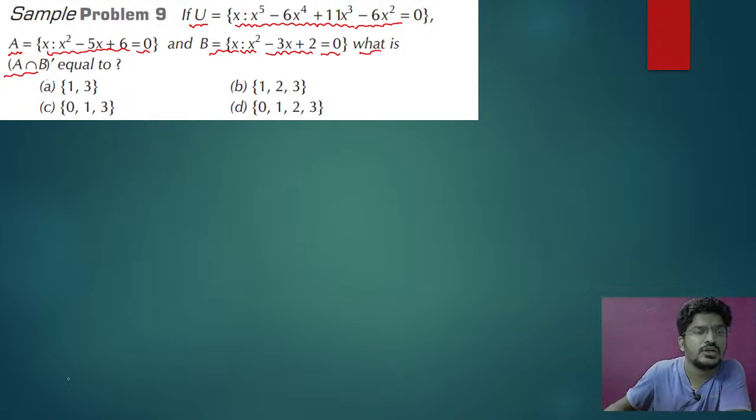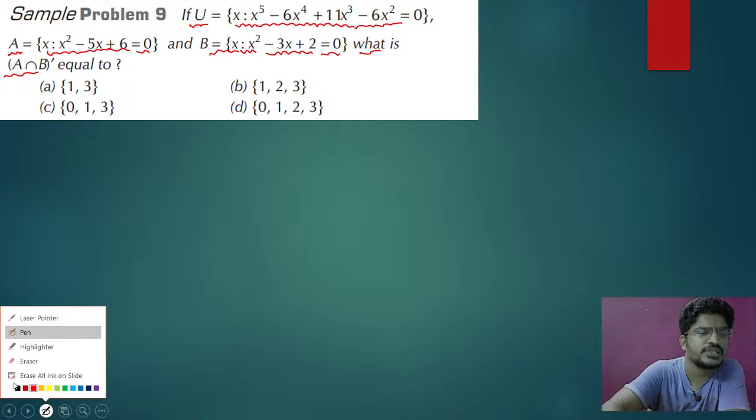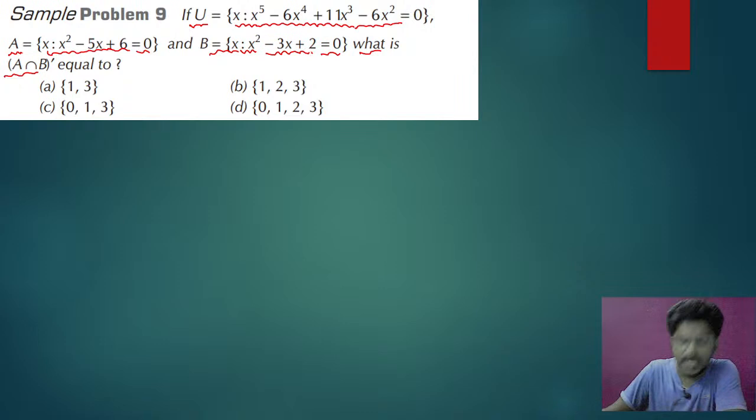Okay, so now I think all of you know about solving x raised to 5 minus x raised to 4 plus 11x cube minus 6x square. So this will be taught to you in the 10th class only.